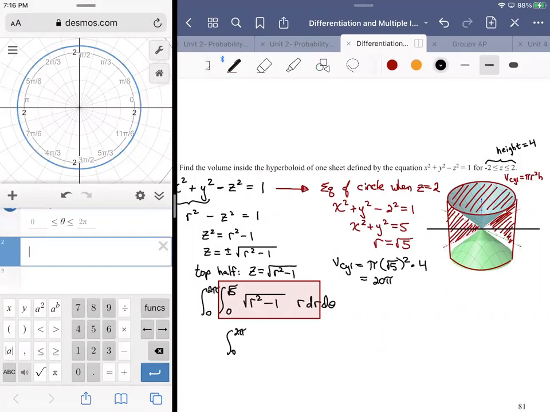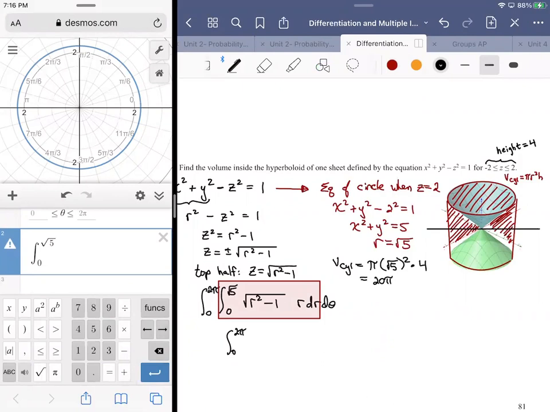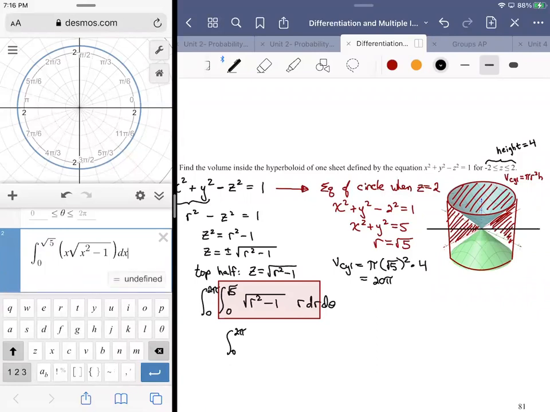So function, miscellaneous, antiderivative, root 5, r, so x, square root of x squared minus 1. Close them up. Oh, not that one. That one. dx. Oh, undefined.